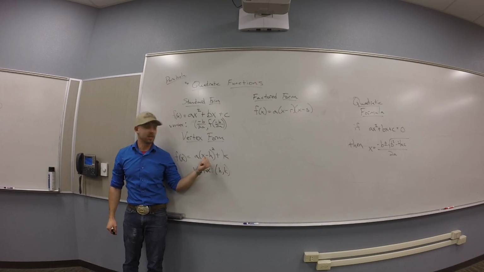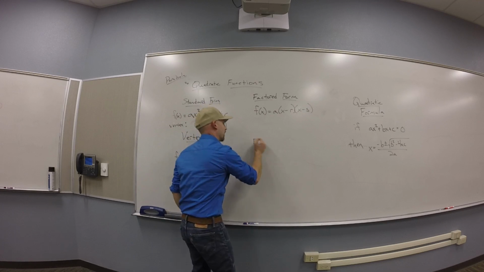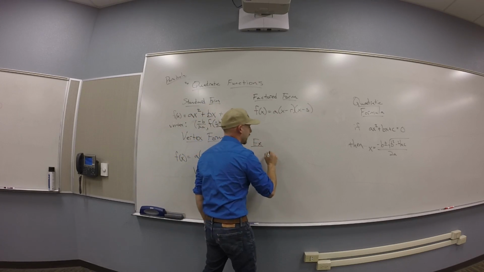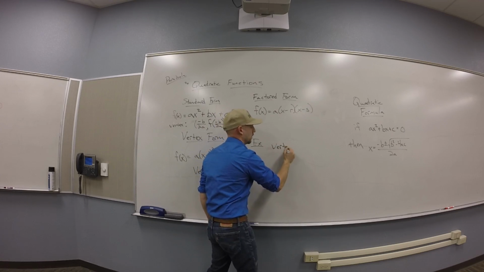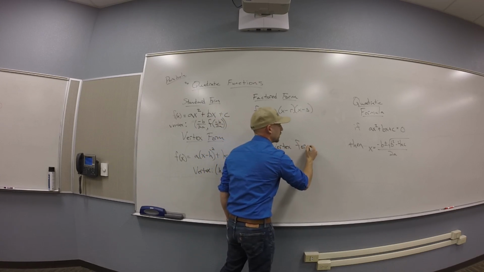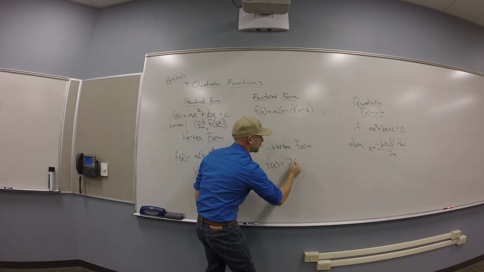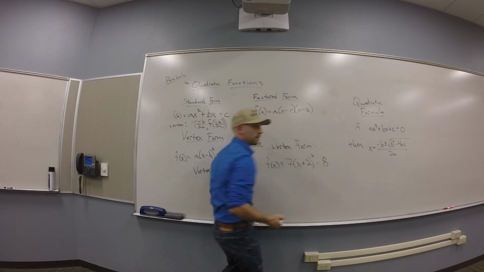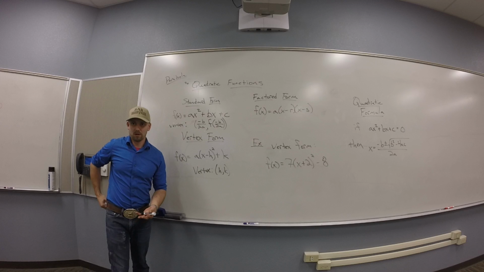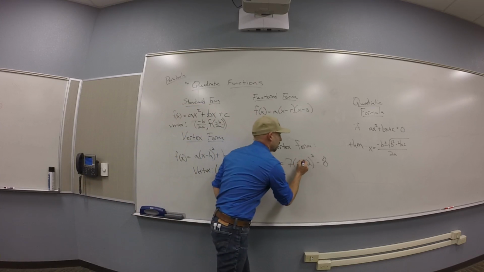So for example, if somebody gave me in vertex form, f of x is 7 times (x plus 2) squared minus 8, that'd be x minus negative 2, right?